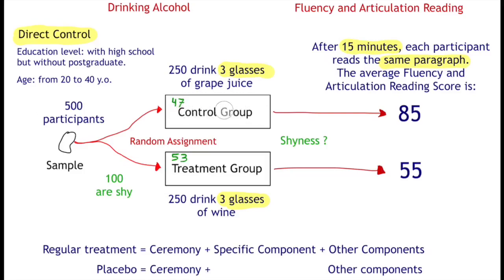A control group, a treatment group, direct control, random assignment, a placebo, and double-blind. Very often, it's not possible to combine them all. This particular example is not perfectly blind nor double-blind because those receiving the wine know that it is wine.